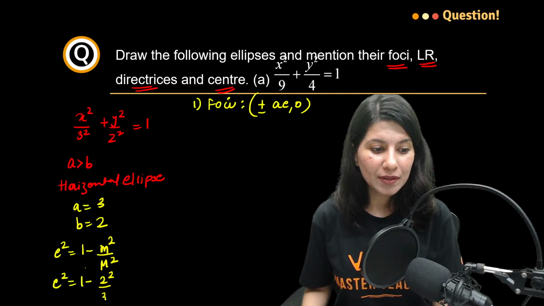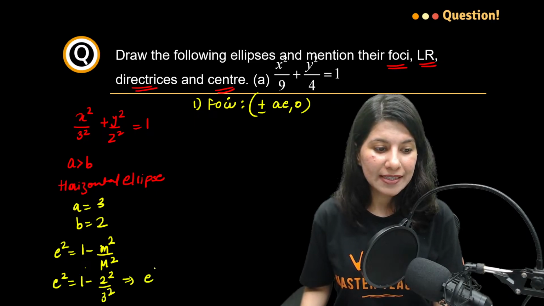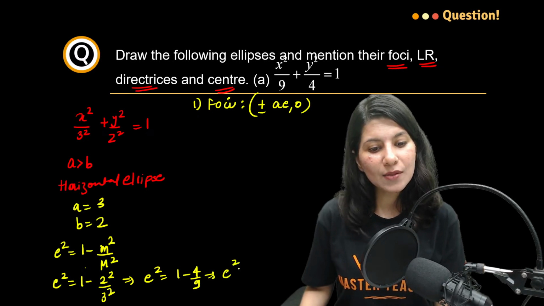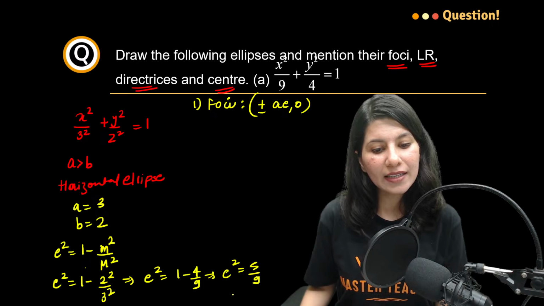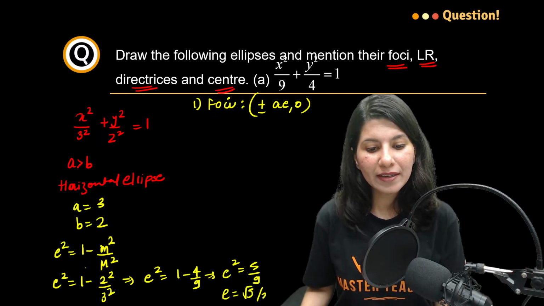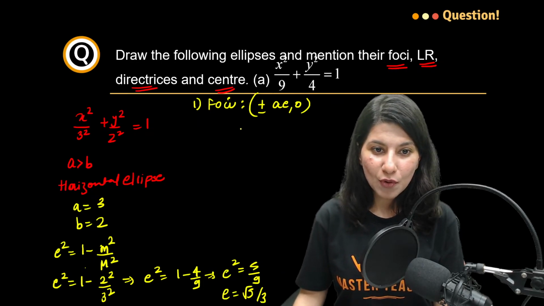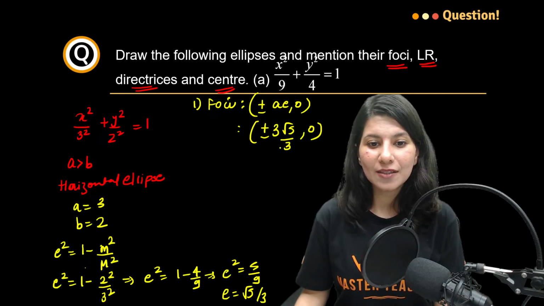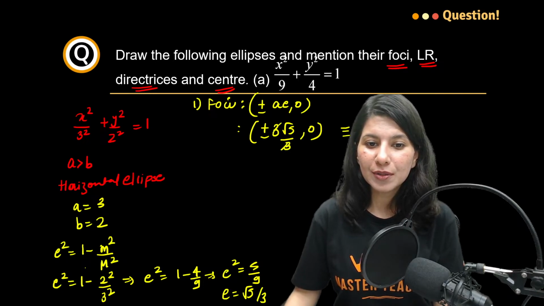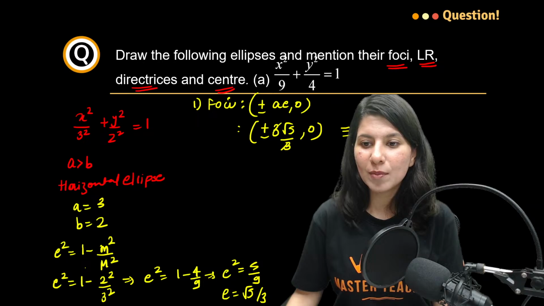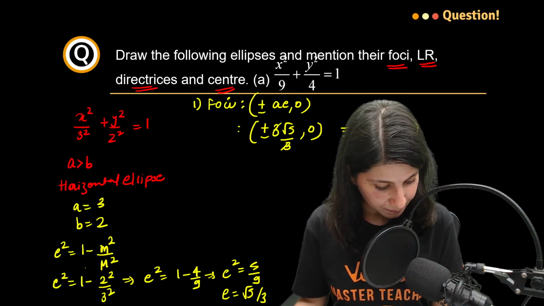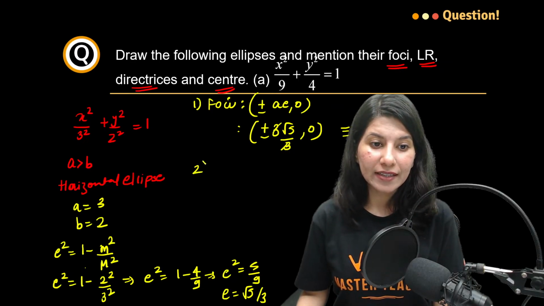So E square will be 1 minus 4 by 9. So E square will be 5 by 9. E will be root 5 by 3. So focus will be plus minus A, which is 3, into root 5 by 3 comma 0. Finally what you're going to get is plus minus root 5 comma 0 will be your focus. Clear.